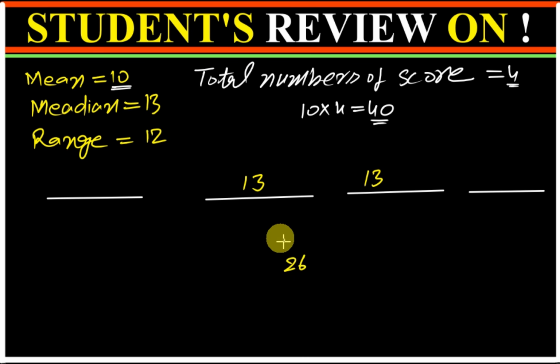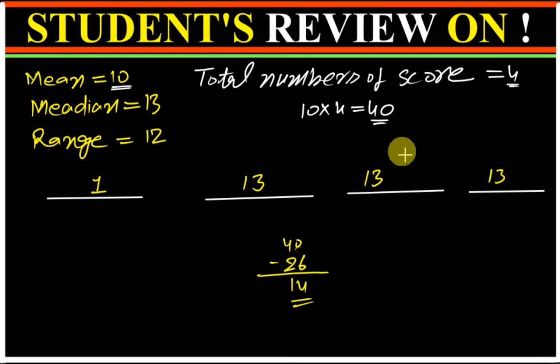How much is left? 40 minus 26 is 14, and the range is 12, meaning the difference of these two scores must be 12 and the sum should be 14. So I can say this is 1 and this is 13, so 1 and 13 become 14 and the difference is 12.